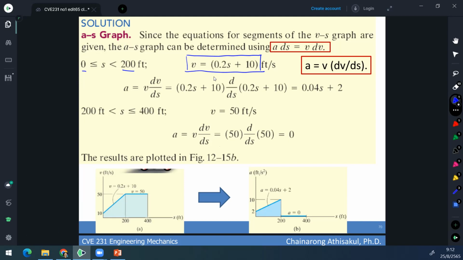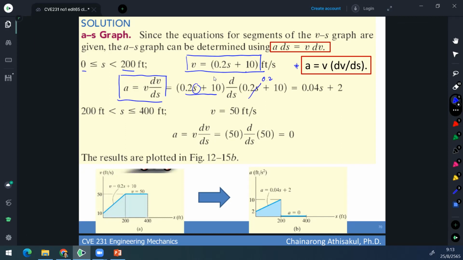And according to this relationship, we take the first derivative of this equation and multiply it by its velocity. That is the function of s. So this term becomes 0.2, right?